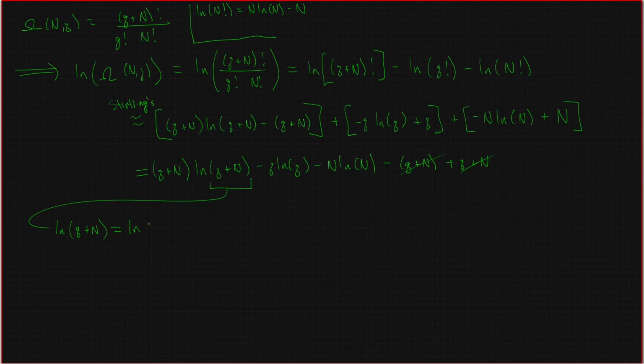So we can rewrite this, just pull out a factor of q, right? This is 1 plus n over q. And now let's rewrite this again, just using property of the log. So this will be ln of q plus ln of 1 plus n over q.